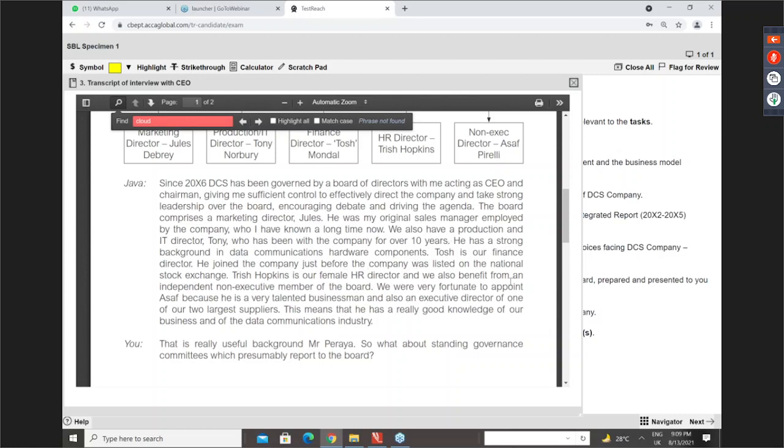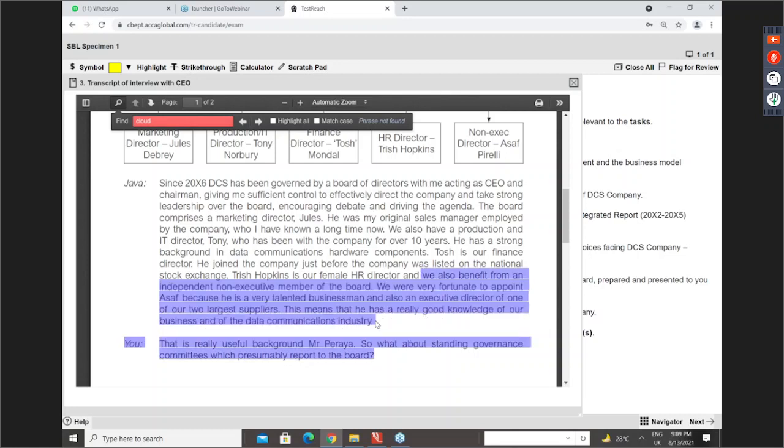Not this one. Read this one. We also benefit from an independent non-executive member on the board. So now this guy is explaining the chart. He's saying that we also benefit from an independent non-executive member of the board.